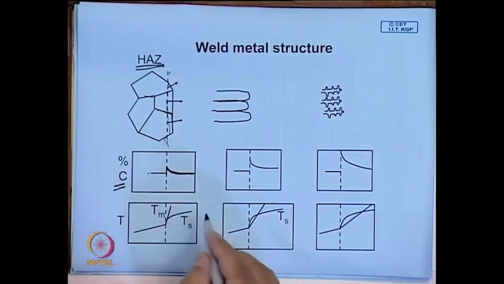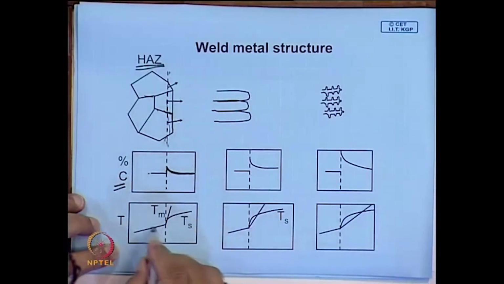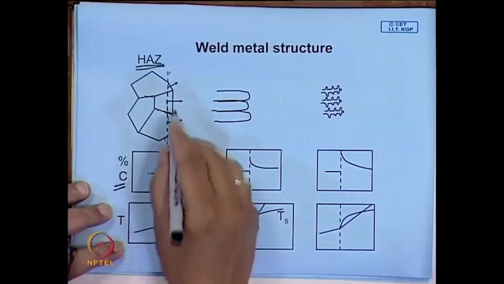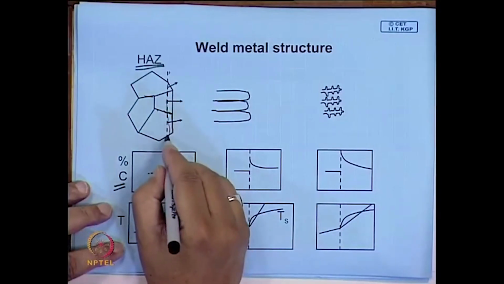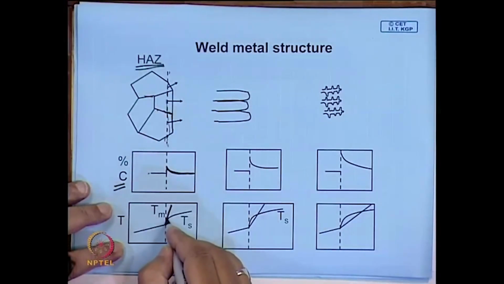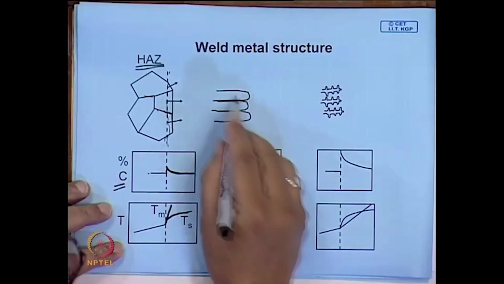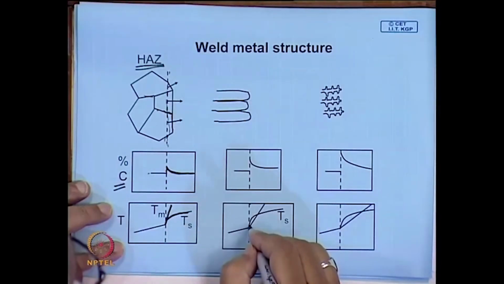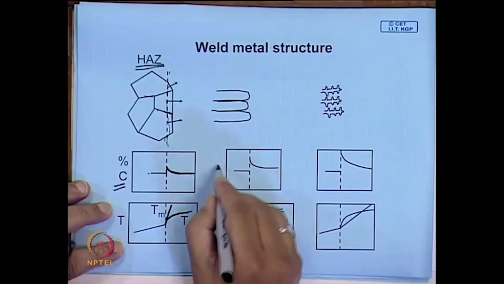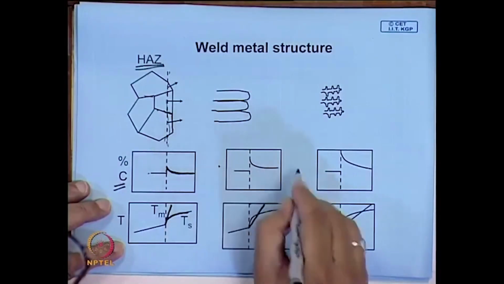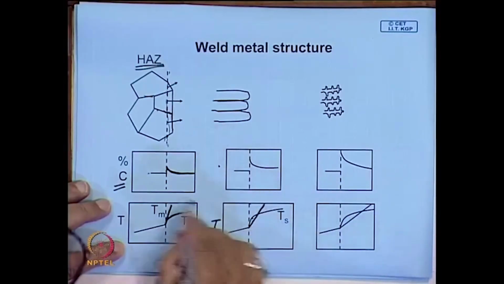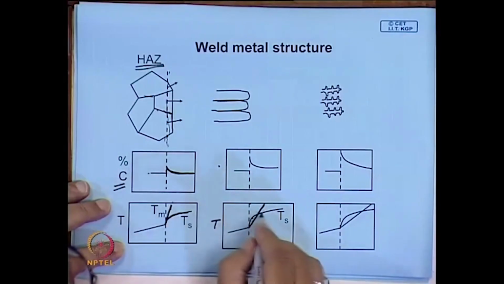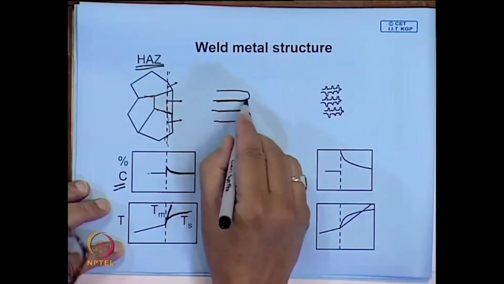Whether the front will be planar depends on the gradient. If the temperature gradient is very high, and initially it is always very high here, it will be planar. When it deviates slightly from planar, say this is the concentration gradient and this is the temperature gradient, and in this case the temperature gradient is slightly less than the concentration gradient, there will be a cellular type of structure.